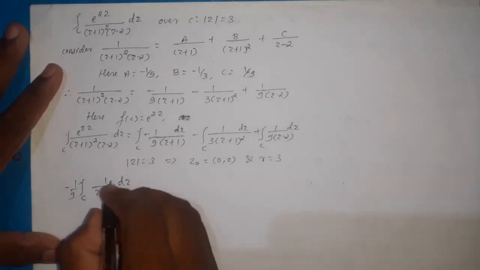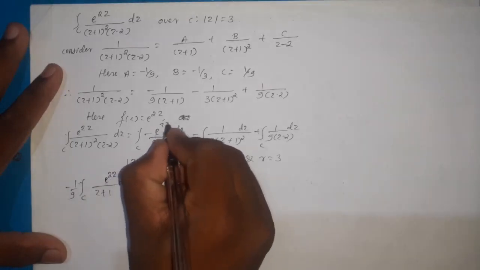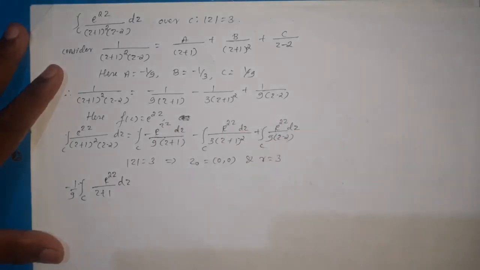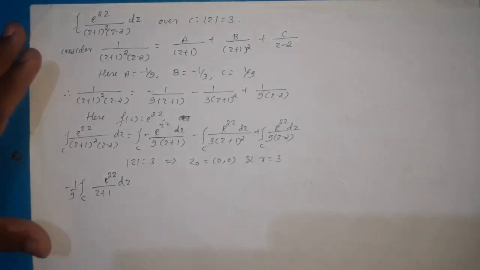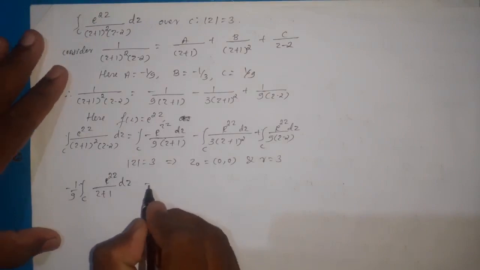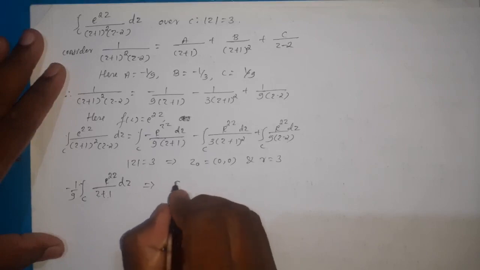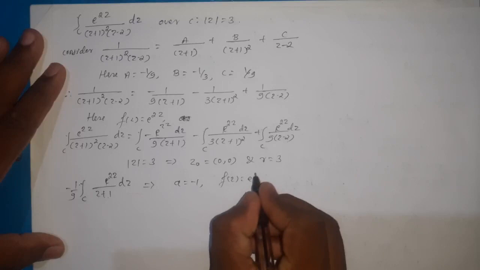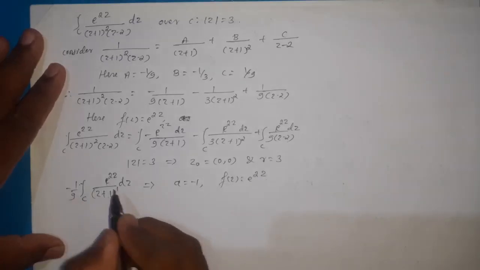So here f of z is e power 2z, since the numerator is e power 2z; for each integral the function f of z will be e power 2z. Now in the denominator we have z plus 1, which implies that a is equal to minus 1 and f of z equal to e power 2z. So here the power of this term is equal to 1.